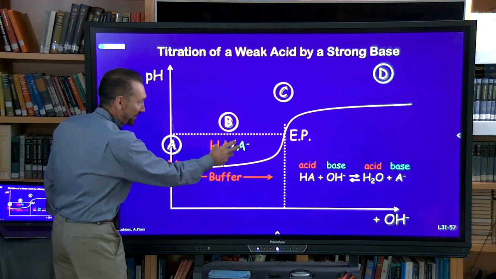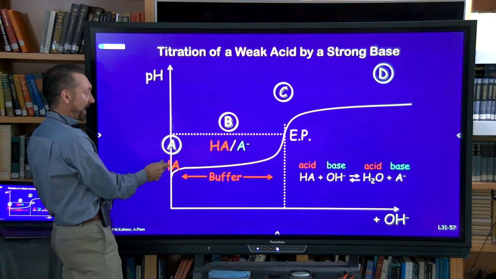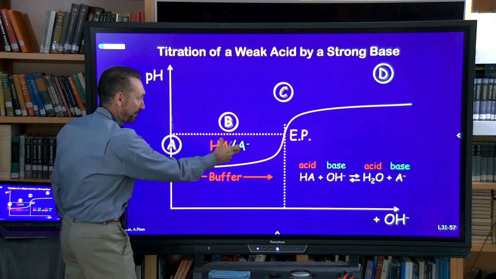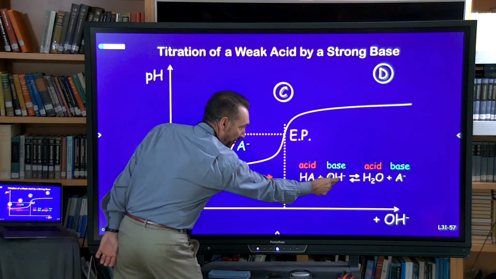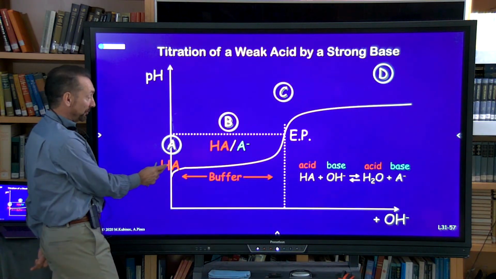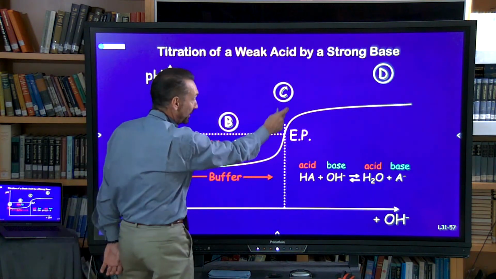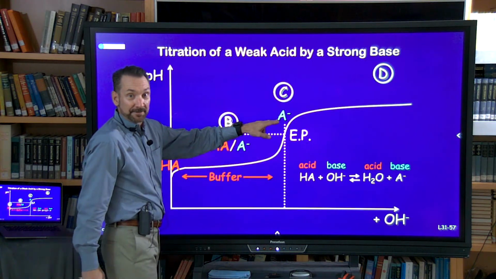Somewhere in this region, there's a mixture of those two. Here it's mostly HA. Here there's a mixture of the two ions. And then when you've added one of those for every one of those that was initially there, so you've used up all those, at point C here, you have predominantly A minus.